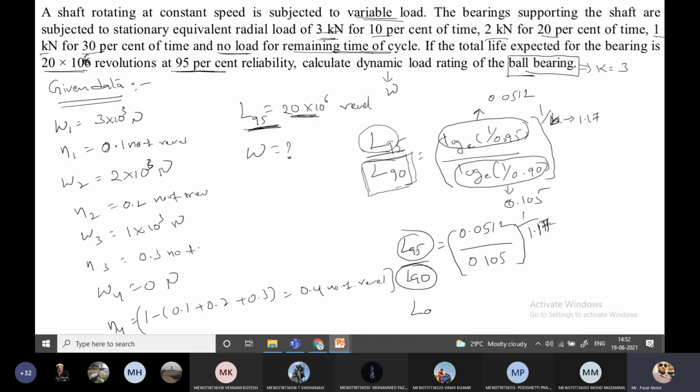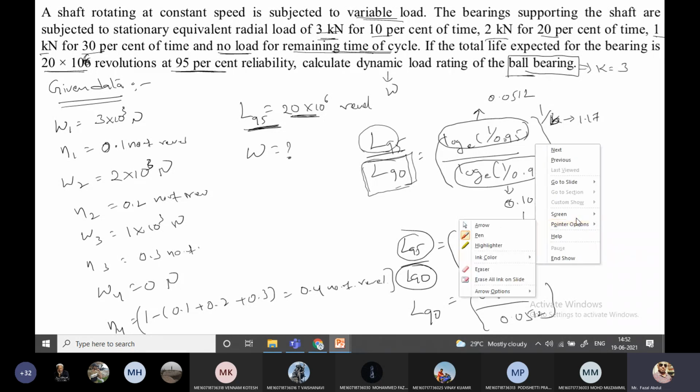Now L90, how much? So it means L90 equals 0.105 by 0.0512 into L95, I think. Otherwise, you just do it first.